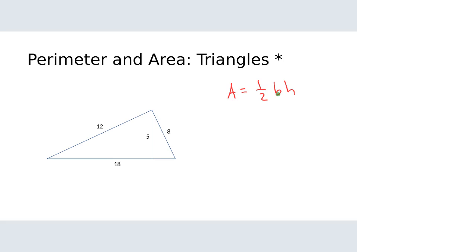Yeah, we don't have a formula for perimeter, but we add up the outside edges. So take your time, find the area and the perimeter of that triangle.